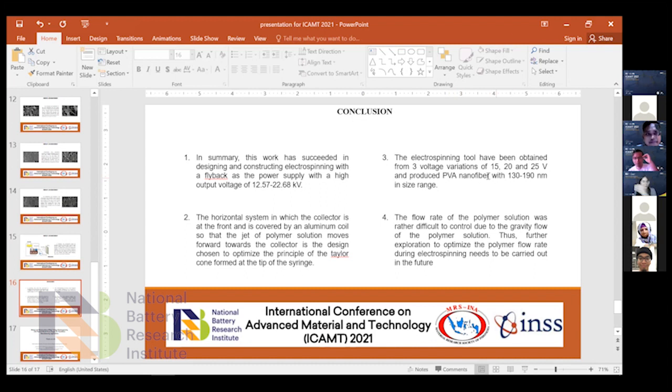But in the last reference, the optimal size range was achieved by electrospinning to produce well-distributed nanofibers. Maybe that is the answer.